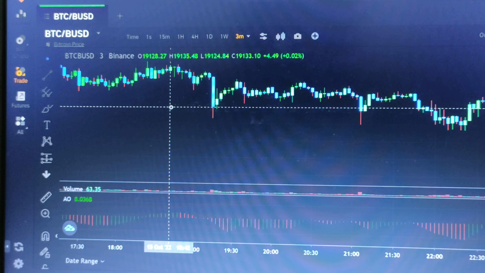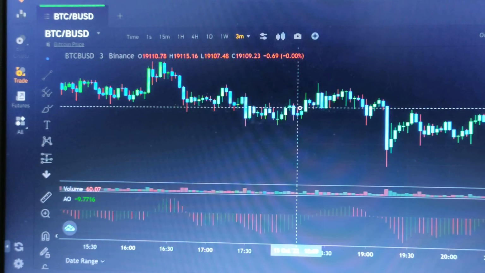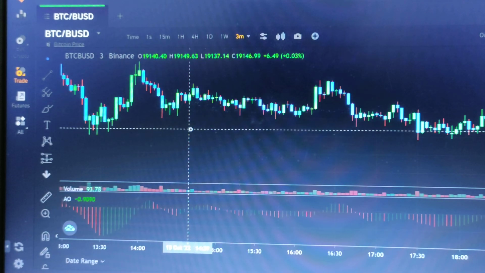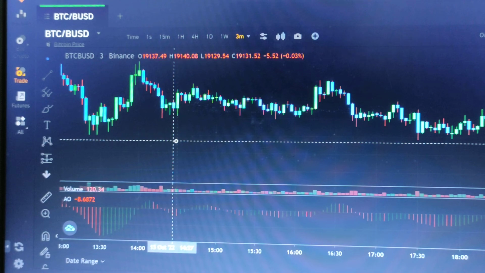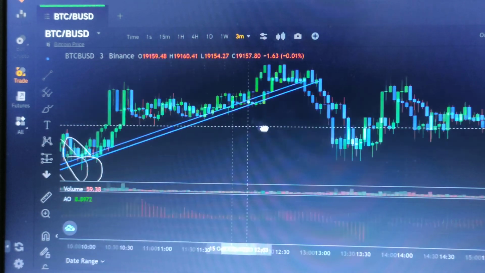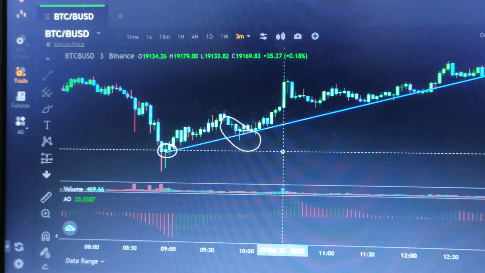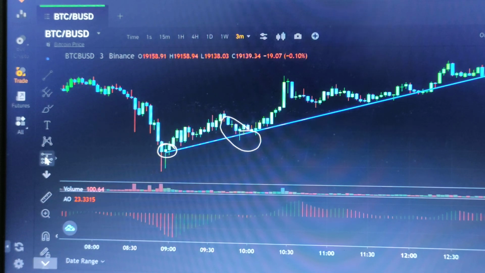Once you know how to control your emotions and how to be patient in trading, then you can make a profit. But if you have no control over your emotions and you don't know how to control your entry, and you simply enter every place, then definitely it's not the place. You're going to lose everything you're saving.